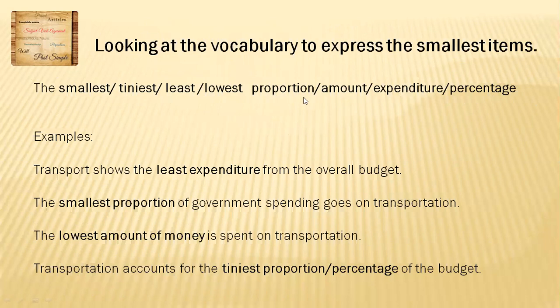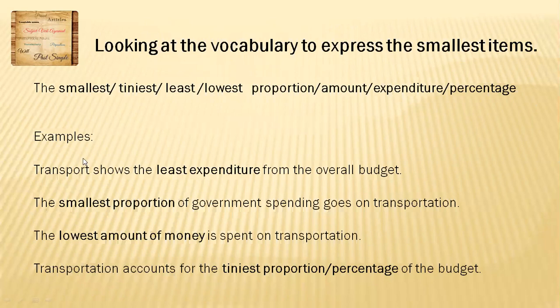We could put the number of people, because people are countable, but we couldn't put the number of money because money is uncountable. We would have to say the proportion of money, amount of money, etc. So be careful with countable and uncountable nouns. In task 1, there will be a lot of uncountable nouns as well, so make sure you're familiar with them.